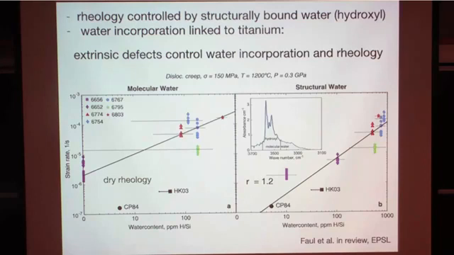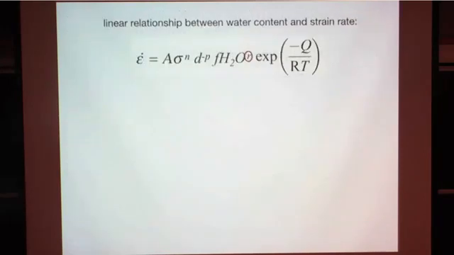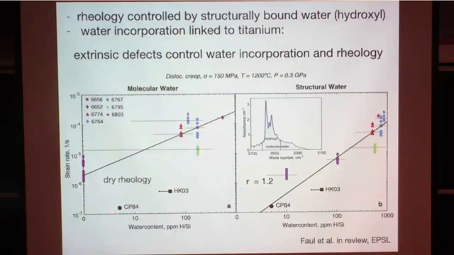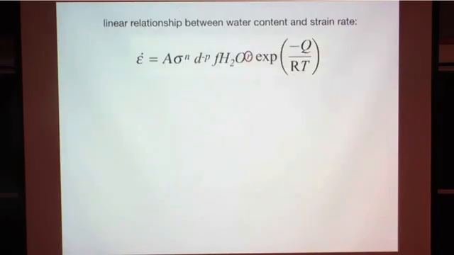Yeah. So I want to continue here, I've got a bit more. An important point is the relationship between strain rate and water. This is again the equation, the only difference is that I've added the water concentration here, so that's the only additional component. What I'm showing here is that the strain rate depends on the concentration of water in the olivine crystal, and that is another factor in here.